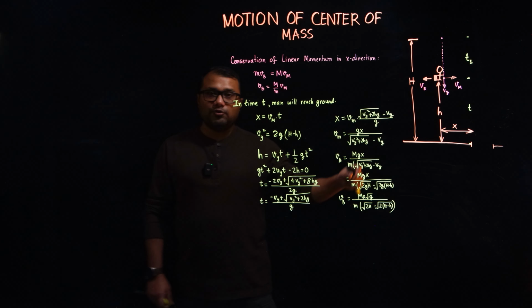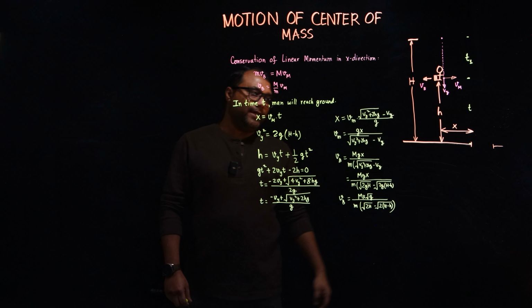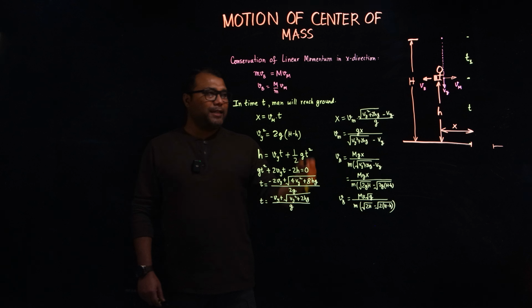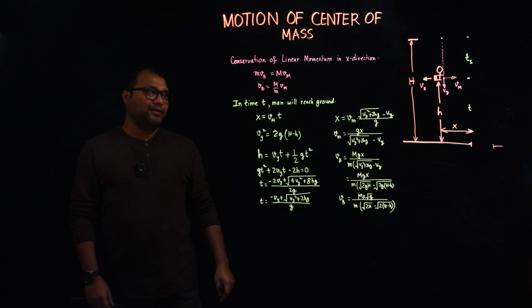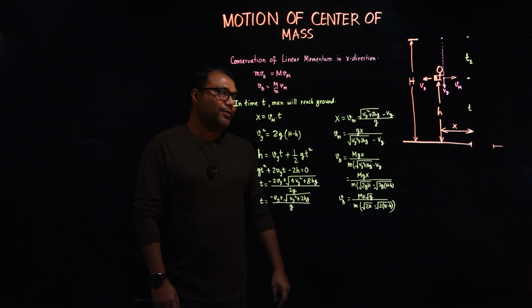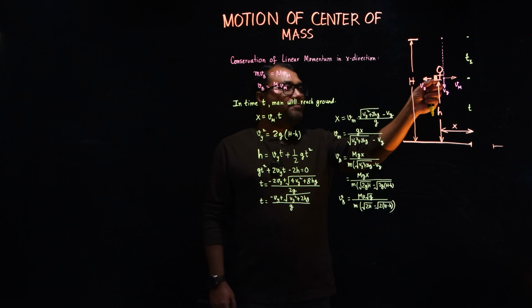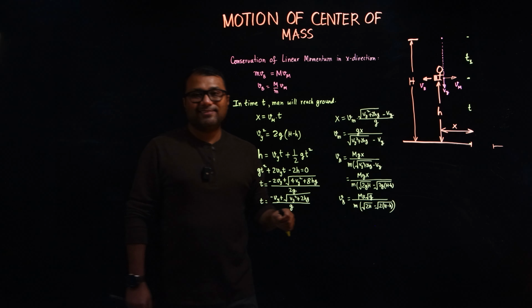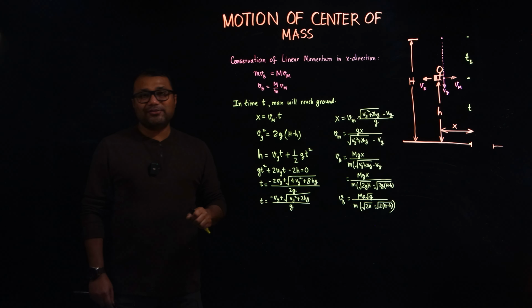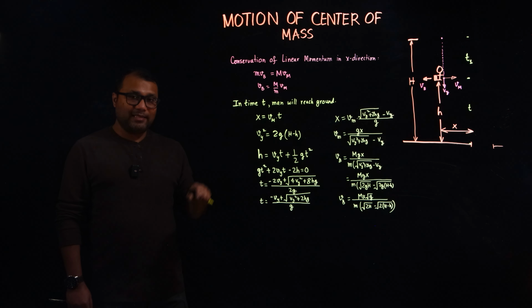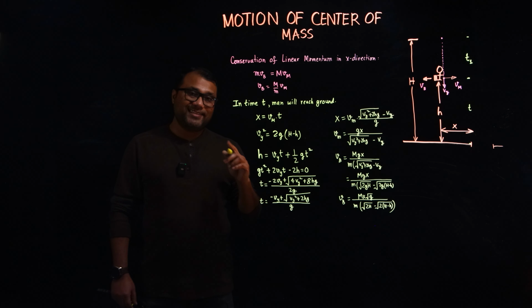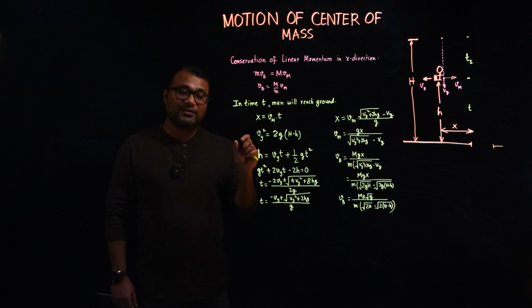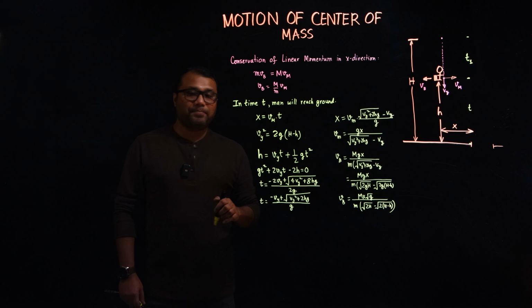Now the second part of the question is how far the bag will land. We could do kinematics, but I don't want to do that. We'll be intelligent about it. Why? Because for the system of the bag and the man, there was no external force in the x direction. What that means is the center of mass of the system of the bag and the man has to remain the same.